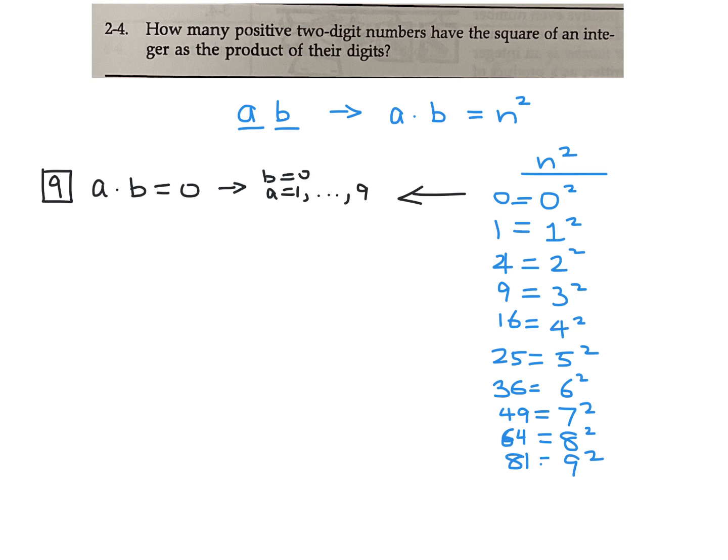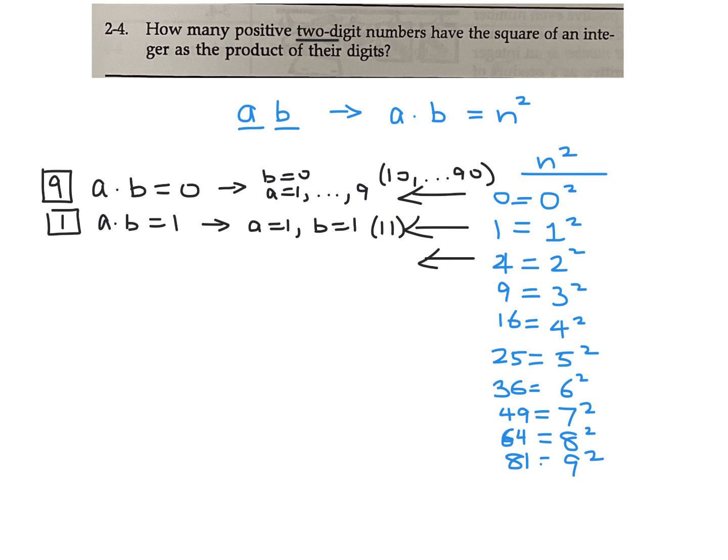You can't make a 0 because it has to be a 2-digit number. Okay, keep going here. If we get 1, so this time a times b is 1, and the only way to do that is if a is 1 and b is 1. So that's one way. And that number, of course, would be 11, just in case you're wondering. And then these ones would be 10 all the way till 90, I guess. The numbers.